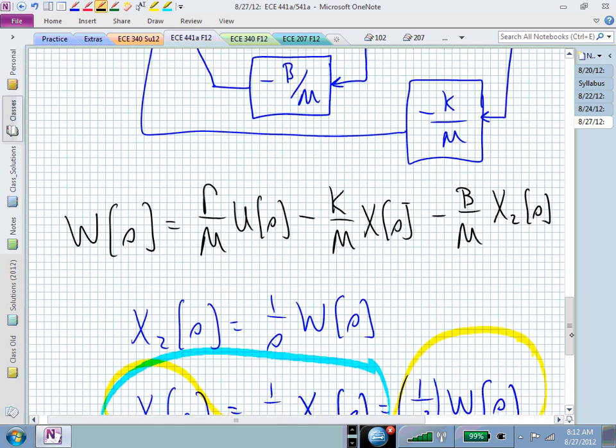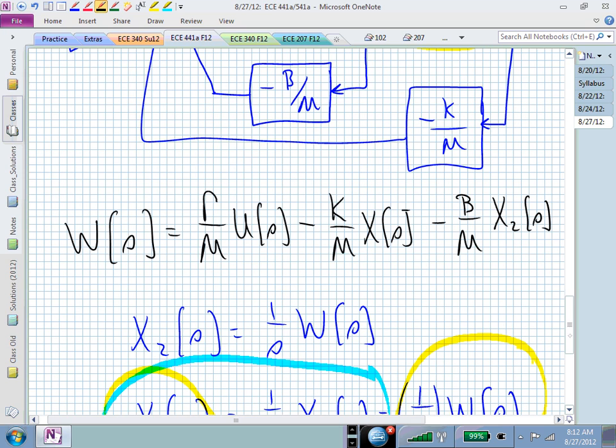And since I have that set of relationships, I'm going to use them in this first equation that I wrote based on that one summing junction.